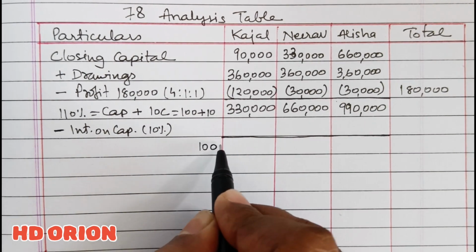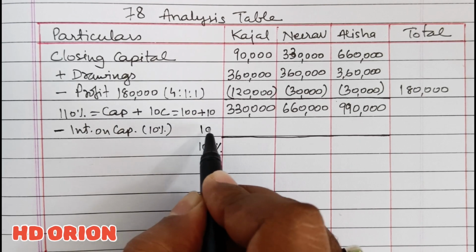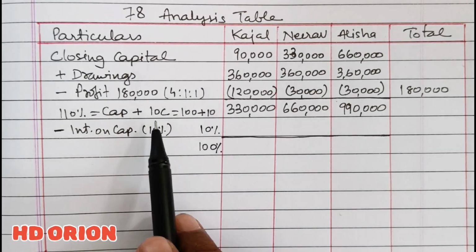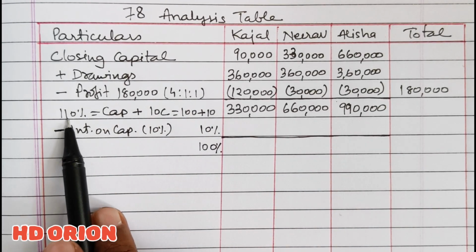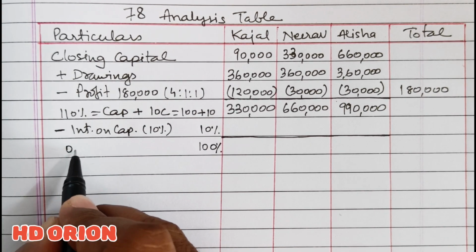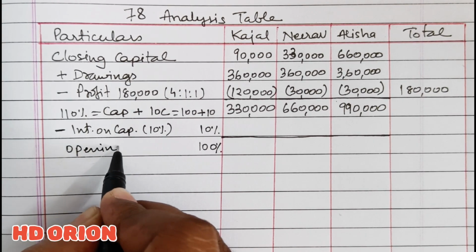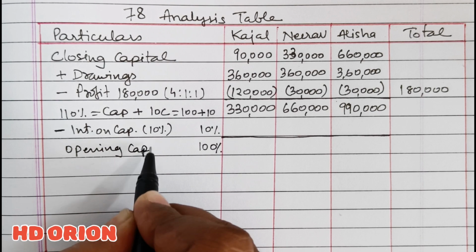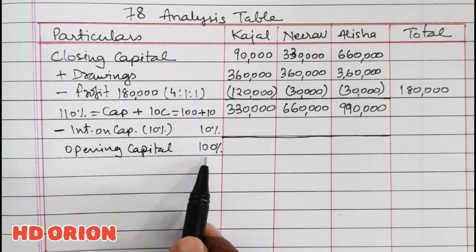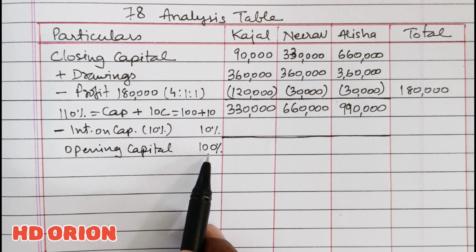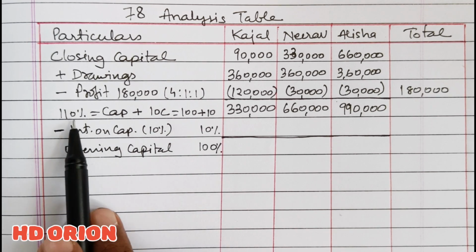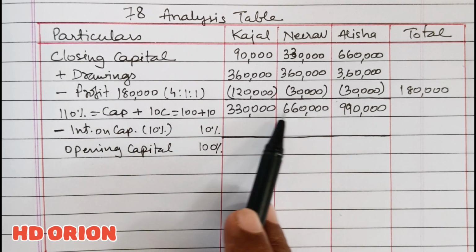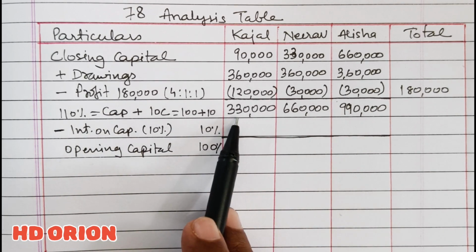So when opening capital is 100%, interest on capital is 10%. It means this has to be 110% of opening capital. Whatever is the opening capital, 10% of it has been provided to the partners as interest on capital. Fine. So this amount is 110% of opening capital.